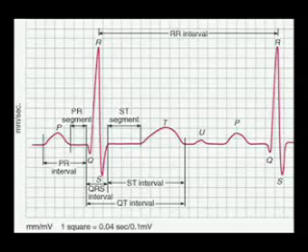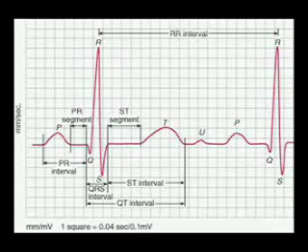PR interval is the interval between P and R. ST segment is the linear interval between the end of S wave and the beginning of the T wave, whereas ST interval is the interval between the end of S and the end of T. QT interval is the interval between Q and the end of T, and QRS is the interval between Q and S.